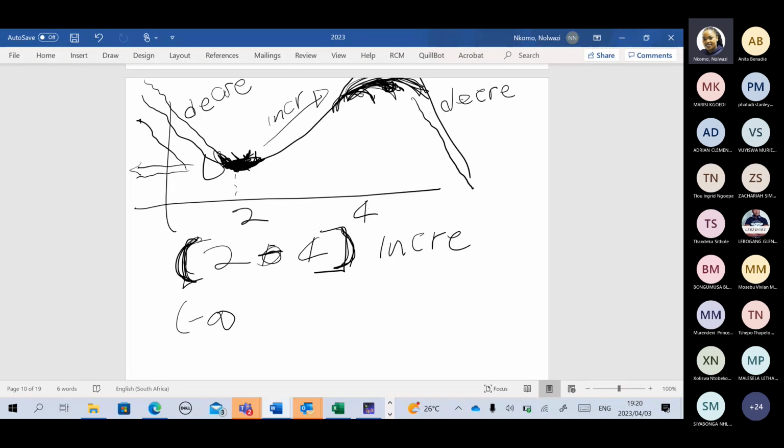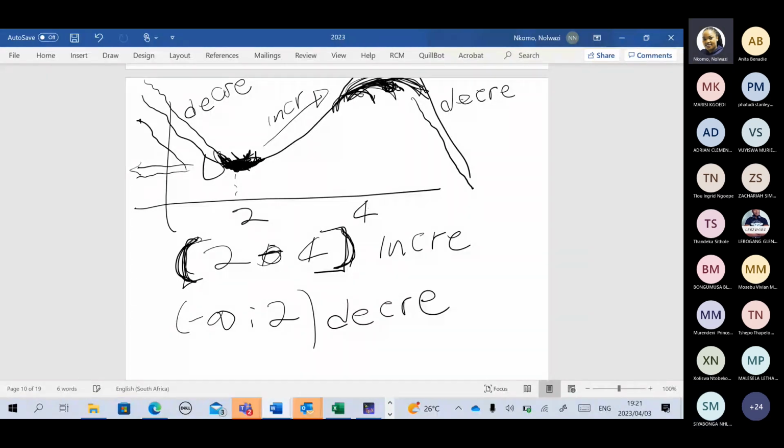Again, for infinity, you don't include infinity, you put curly brackets on them. So this means you have minus infinity until it gets to 2. But 2 again is not included here, since at 2 we have 0. Okay, so this is decreasing, right?